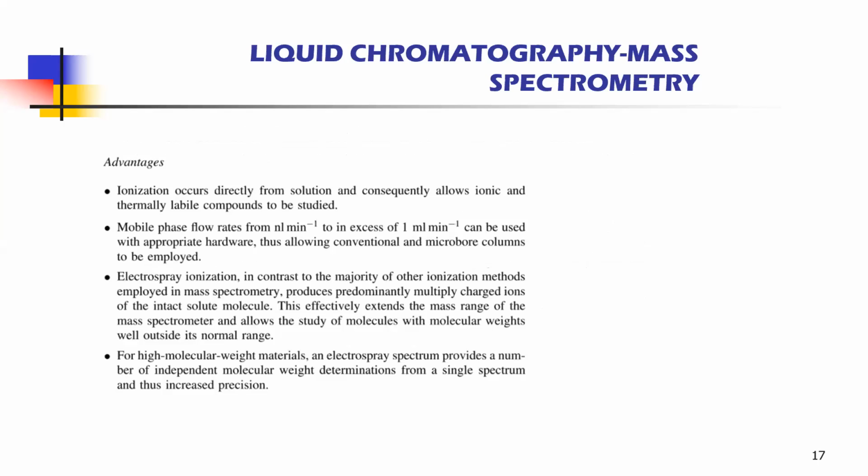In the case of thermospray, we lacked sensitivity to thermally labile compounds; only thermally stable compounds were studied. Electrospray applies to both ionic as well as thermally labile species. So we can also use inorganic buffers in the case of electrospray.